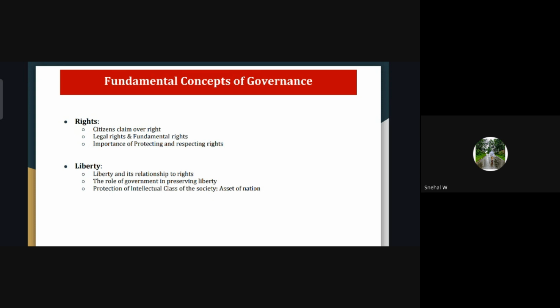For instance, education. Till a few years back, we did not have education as a right. You must be knowing that, right? Education was not a fundamental right. It was just a normal legal right.